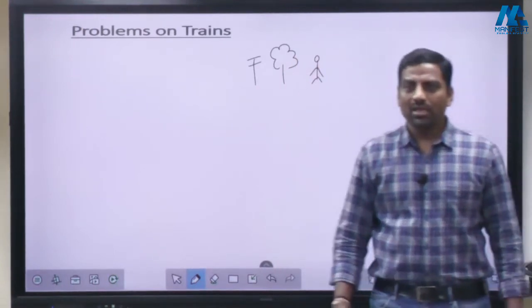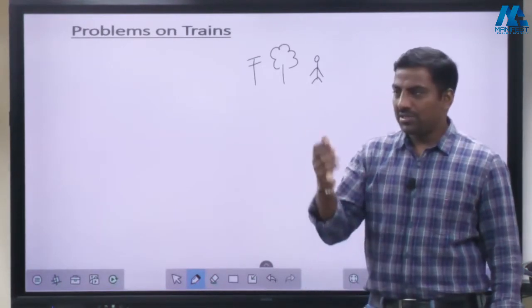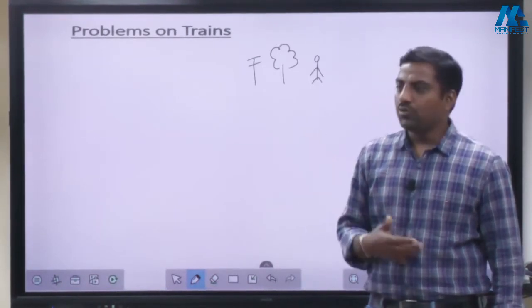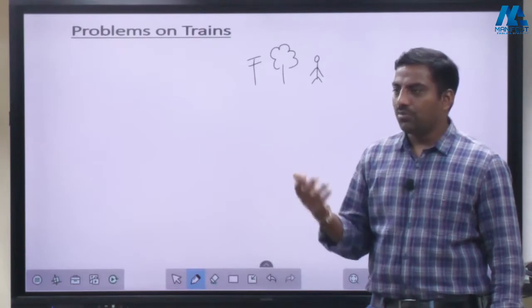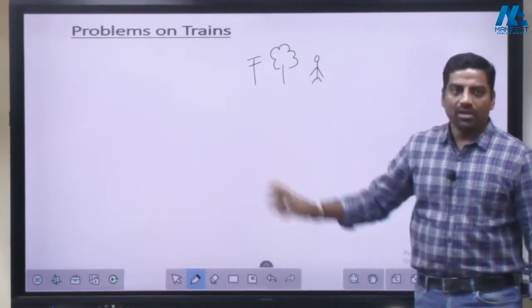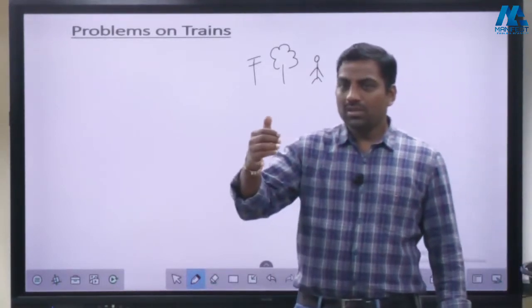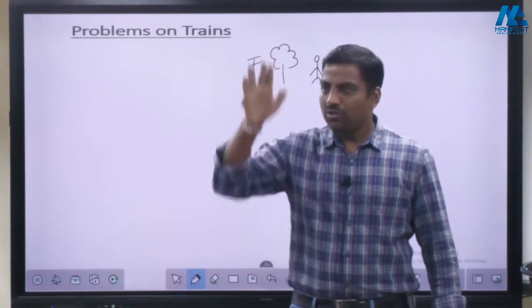If I give you a stop clock and ask you to calculate the time taken by the moving object to cross this, it will be so quick, right? By the time you press start and stop, it will be gone.